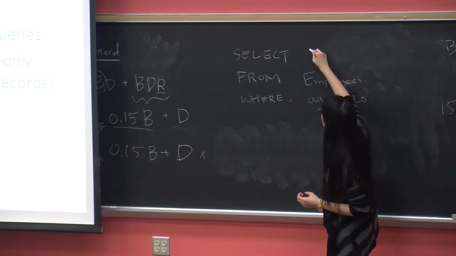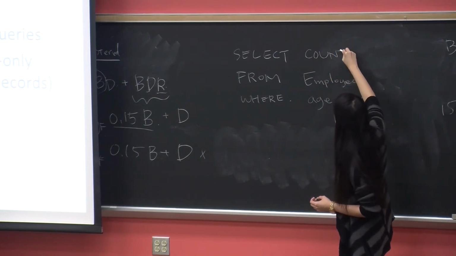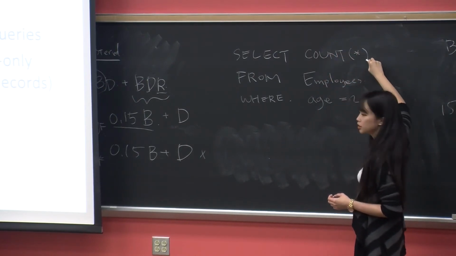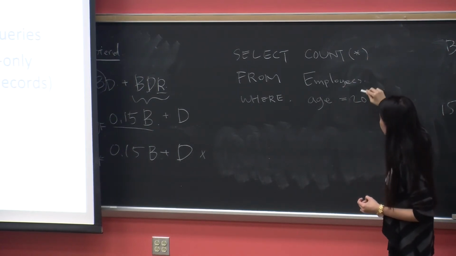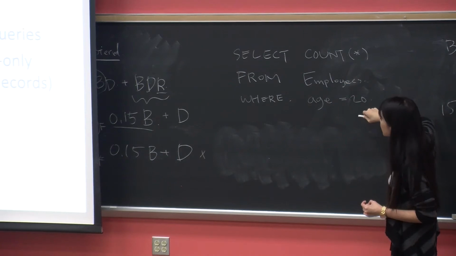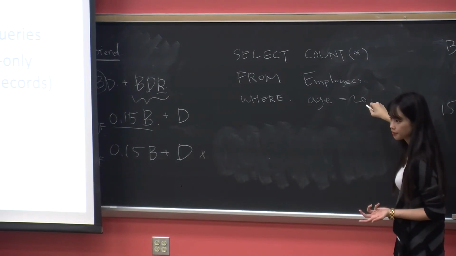And what we want to select is basically we want to count such employees. So it's saying from the employees table we want to find how many employees are age 20.